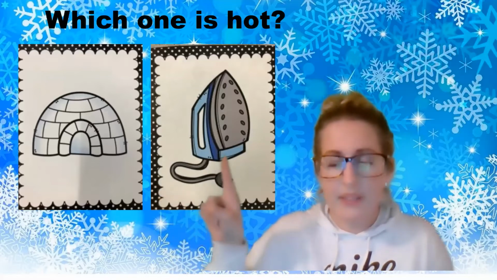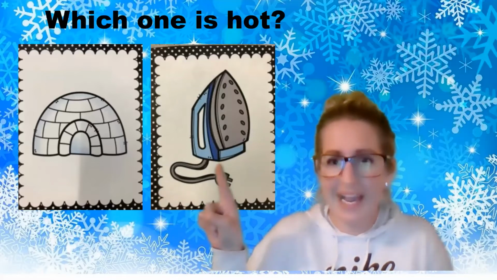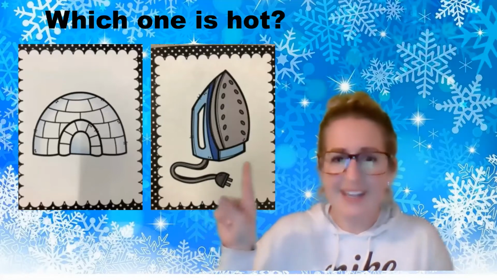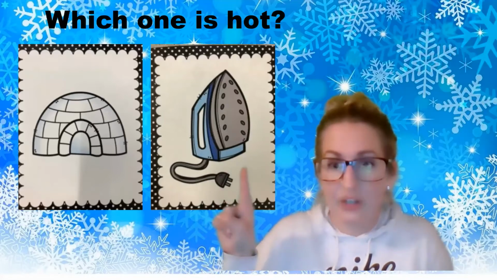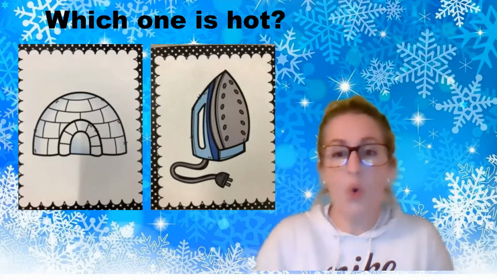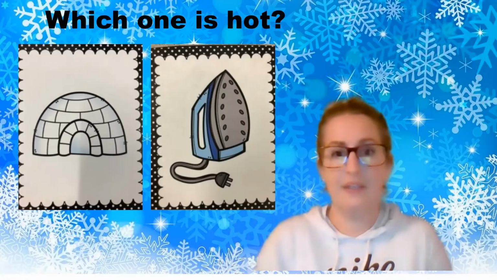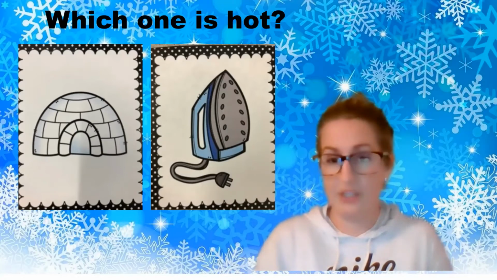And remember, this was one of our pictures from our last two pictures that we had. And this was called an iron. So one of them is cold and one of them is hot. Which one is hot? Point to the one that is hot. One that we should not touch.